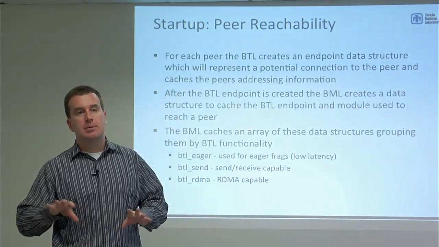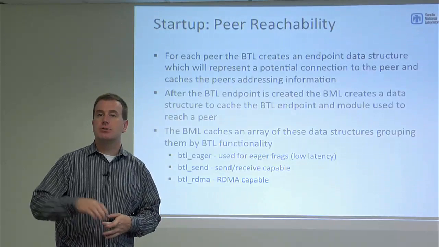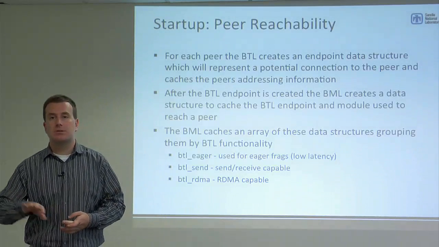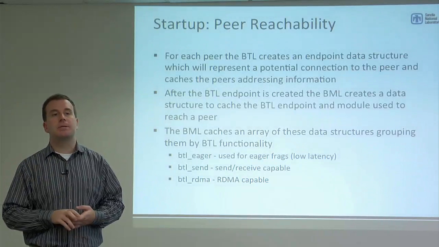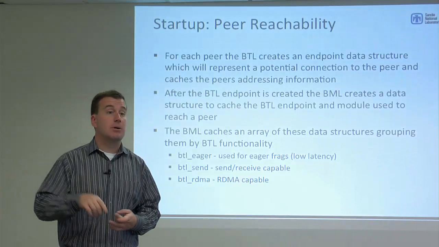And the PML and the BML then say, okay, great. I've got two endpoints, from rank 0 to rank 1. I've got two BTLs or one BTL that can be used to talk to that remote peer.